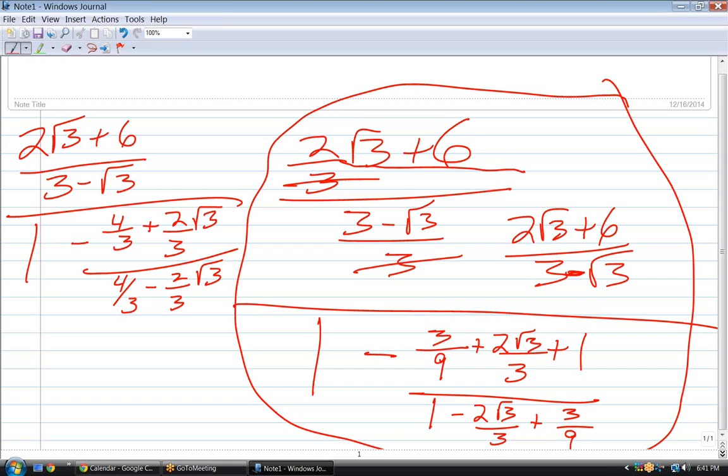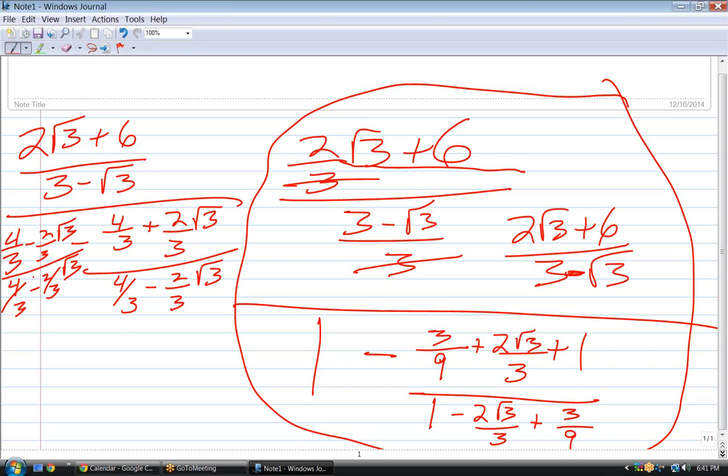Well, 1, I can make this. 1 I can turn into 4/3. I haven't had an algebra problem this hard in 6 years. Minus 2/3 root 3 all over that same thing. There's my 1.